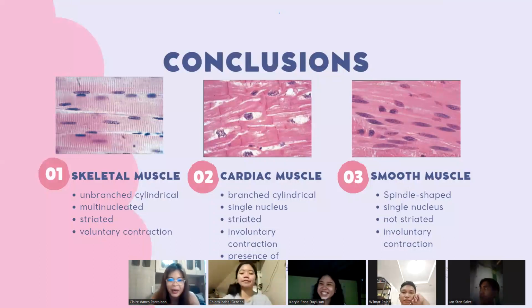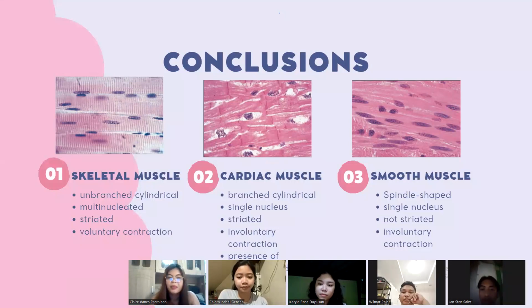So, number 1, can you please read the skeletal muscle? Skeletal muscle is unbranched, cylindrical, multinucleated, striated, and voluntary. Very good. Number 2. Cardiac muscle is branched, cylindrical, single nucleus, striated, involuntary, with presence of intercalated discs.